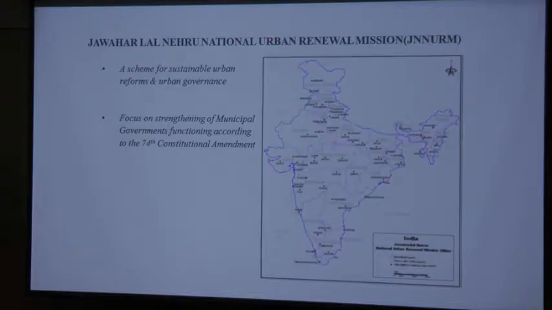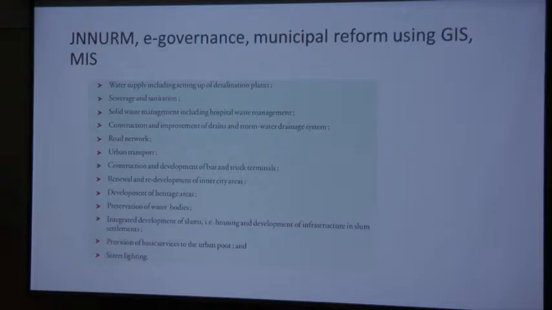This is the driving mission between e-governance and increasing citizen participation and reforming municipalities, and really implementing supposedly sustainable urban reforms and urban governance. It has a huge list of goals, and I just put it out so you can get a sense of what it is doing. But it was launched nationwide at all the major urban bodies.